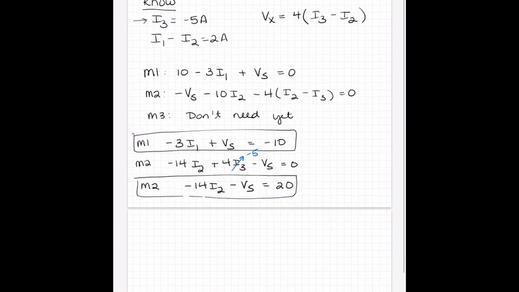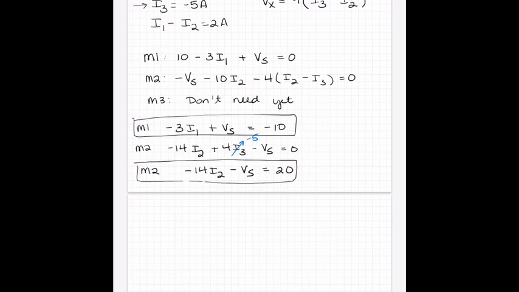Okay, now if you don't like dealing with 3 equations, 3 unknowns, this is what I would do. I would add mesh 1 and mesh 2 together.